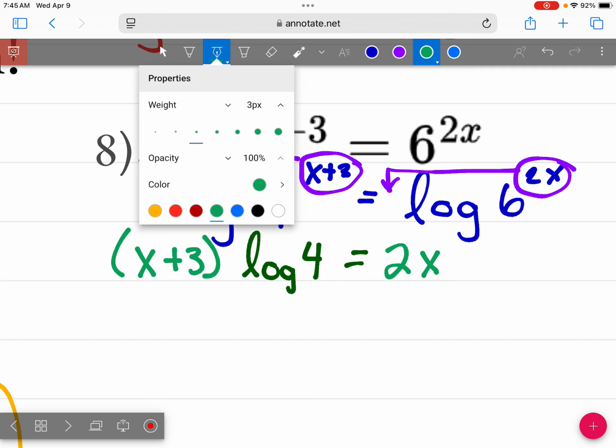So we have ln of 26, which is a gross number, but it's a number, equals 3x plus 2. We still want to get our x by itself, so what do we do? Subtract 2. So we have ln of 26 minus 2 equals 3x.